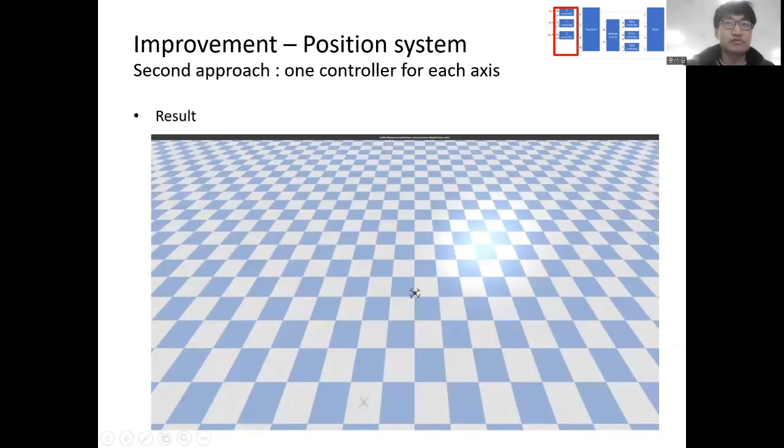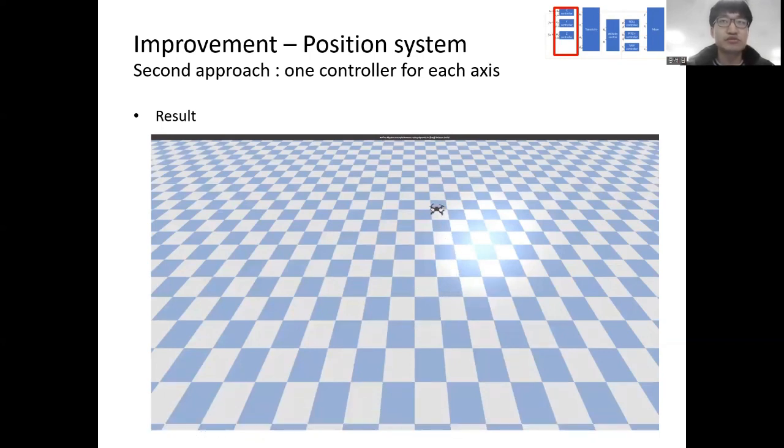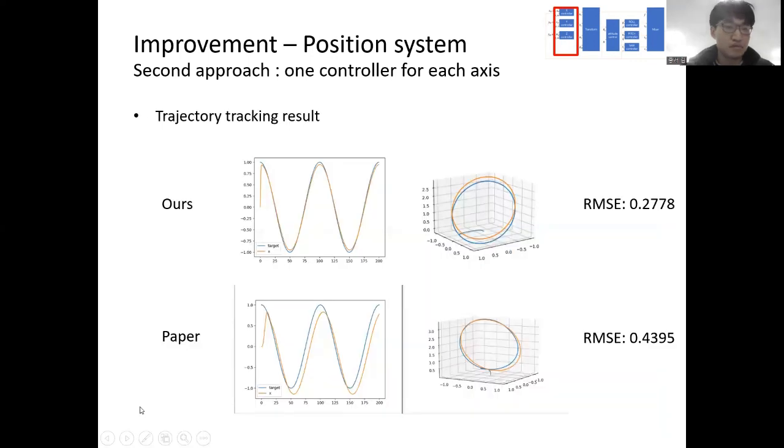Here is the result, and you can see the drone flies along the desired trajectory. And you can see the trajectory tracking result, and we compare the result with the original paper.